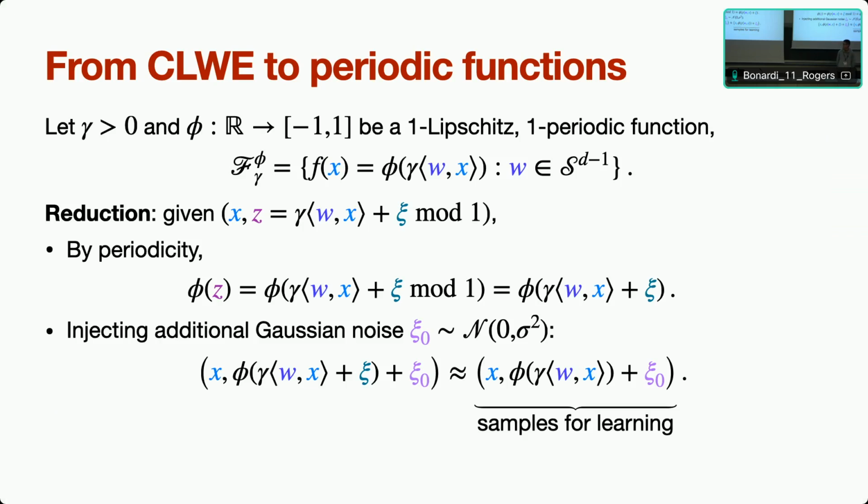And it turns out that we can prove that these two distributions are close in TV distance, so you can fool the learner for learning periodic functions. So this is the first step of our reduction.